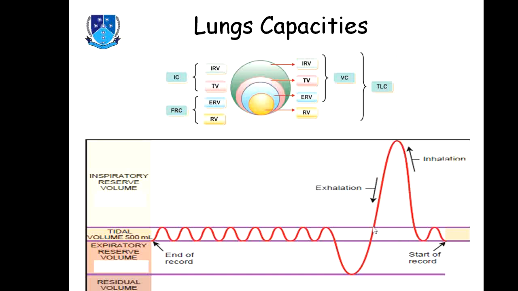From this area to this area is the tidal expiration or tidal exhalation. From this area to this area shows the expiratory reserve volume, the volume of air which is expired after the tidal volume, that is about 1 liter. And the volume of air which remains inside the lungs even after forceful expiration comes below this point, and that is called residual volume.